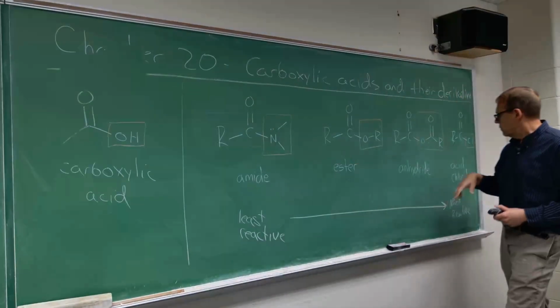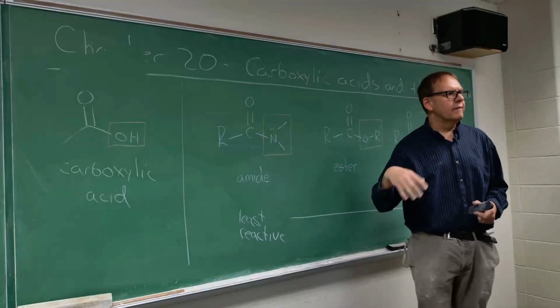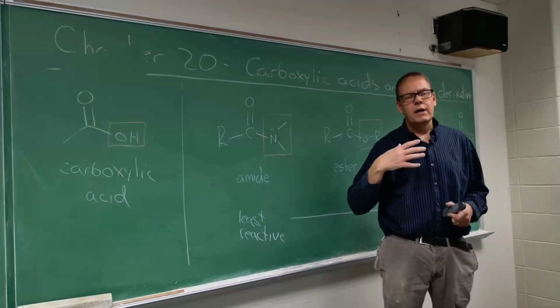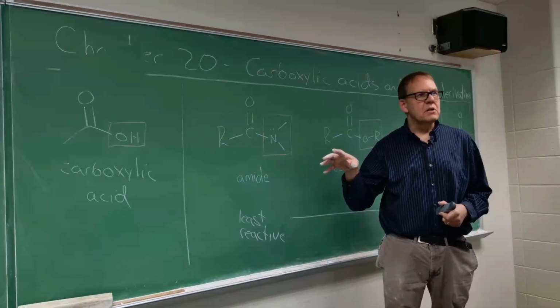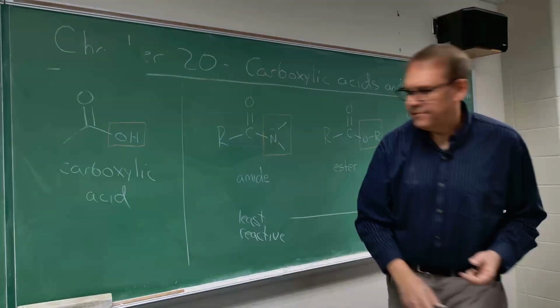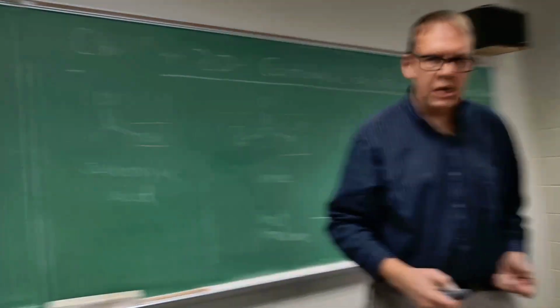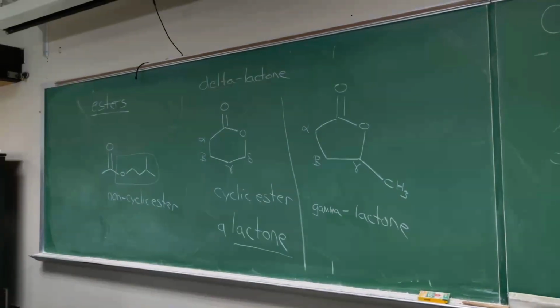So we've got a discussion of anhydrides, esters, and amides. And we'll go through a similar kind of analysis of amides. We'll talk about acyclic amides, and we'll talk about cyclic amides, and do some classification. So next up on the discussion list is amide.